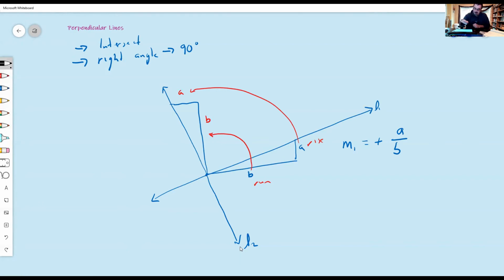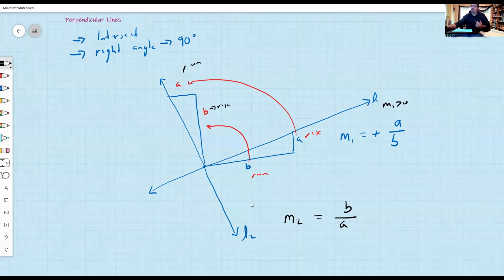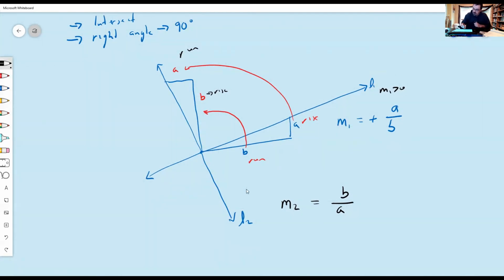That means for M2, the rise is B, and the run is A. The last thing we make note of is that line 2 has a negative slope because it's going down and to the right.